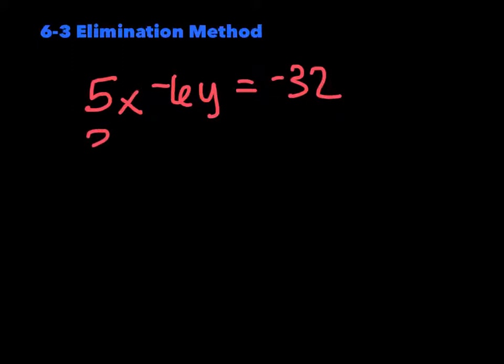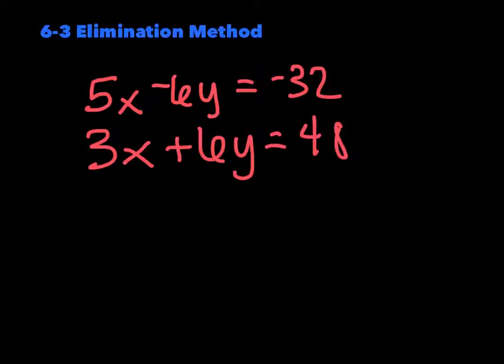For example, if you look at two equations and you see something like this, if you have 5x minus 6y is equal to -32, and 3x plus 6y is equal to 48, if you look here, you've got two numbers that equal 0 very easily.